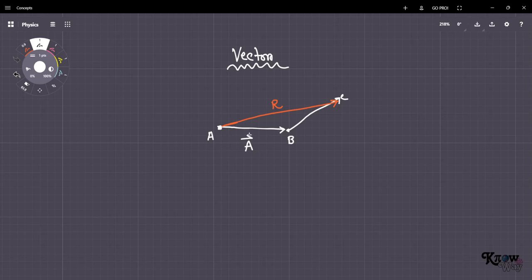So this sign over here denotes a vector. This sign, only A, is just a magnitude quantity. It doesn't identify any direction, but when I add an arrow sign over it, it identifies it as a vector. That means it has a direction and magnitude.